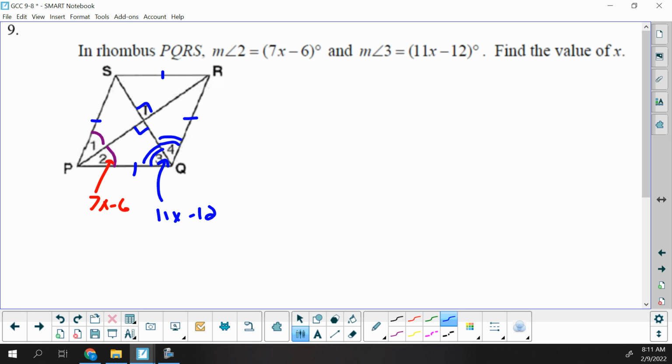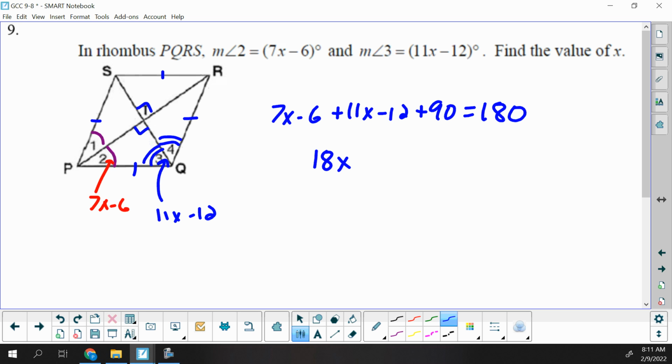Well, notice in that triangle, the bottom triangle there, we have the 3 angles marked up. We know the angles in a triangle have to add to 180. So we have 7x minus 6 plus 11x minus 12 plus 90 should equal 180. Well, from there we can combine like terms. 7x and 11x is 18x.